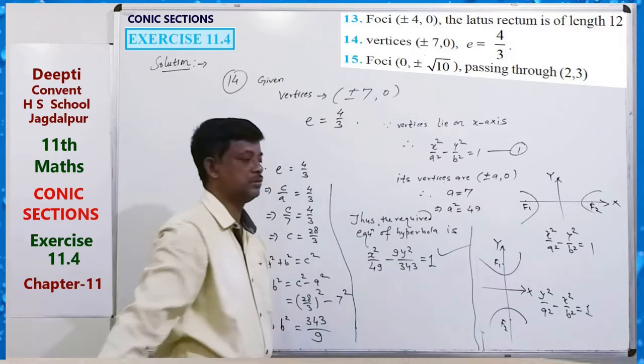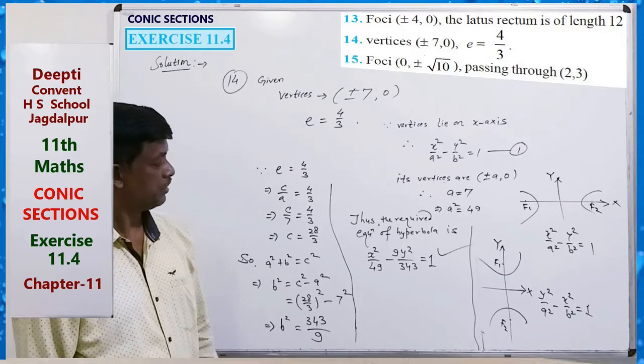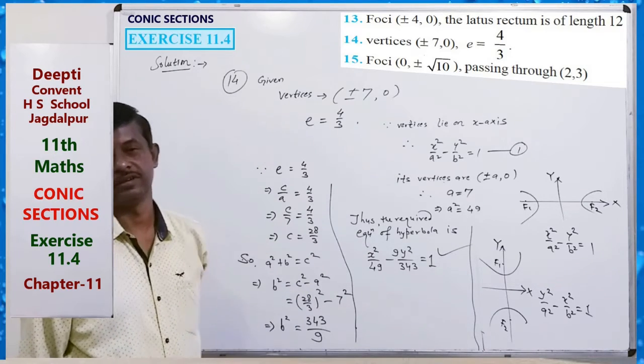This is our equation: x square by 49 minus 9 y square by 343. Okay. This is our answer to 14.